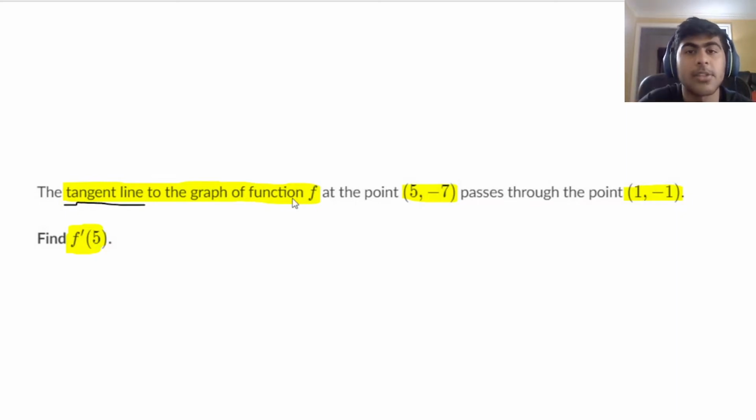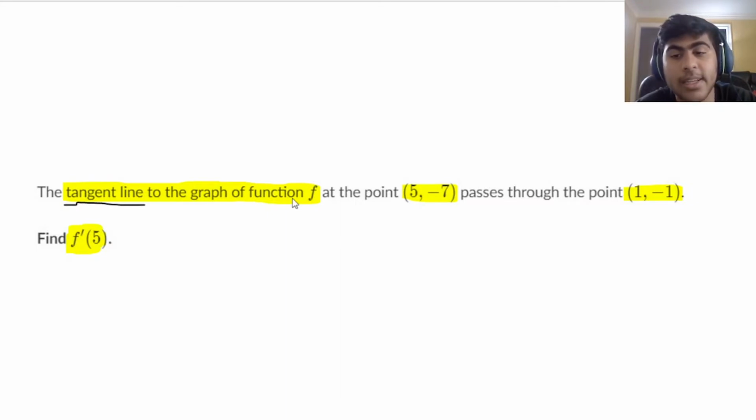And instantaneous slope is a fancy word for derivative, which is what we're trying to find. So really, when they say f prime of 5, we're just trying to find the instantaneous slope at x equals 5. And to find the slope, we need 2 points.